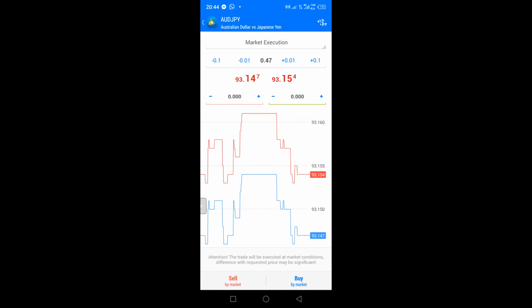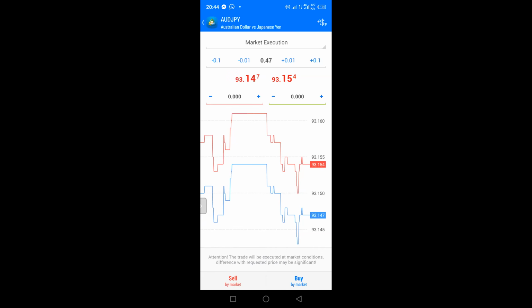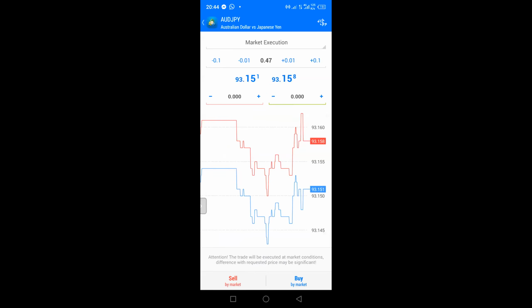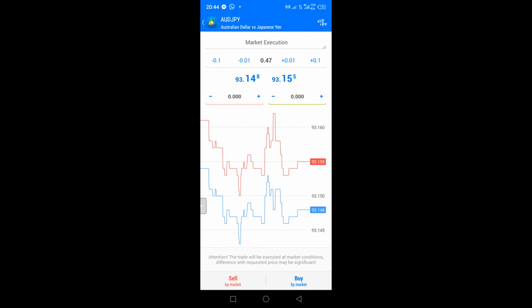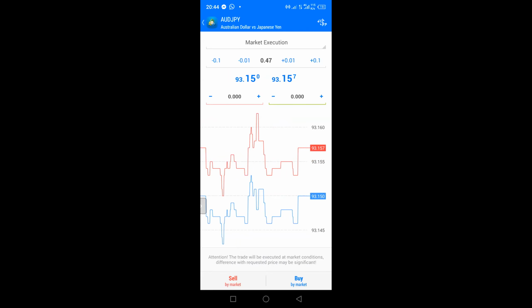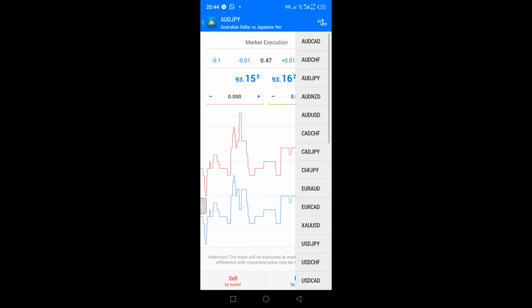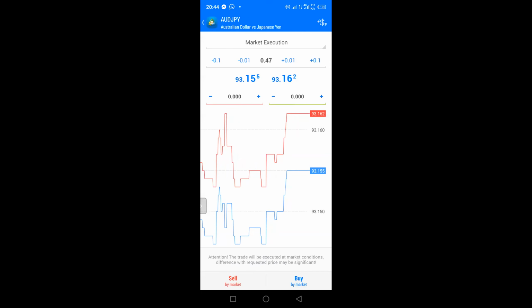For newbies, I can tell you free of charge some of the mistakes you can do. Once you've taken a trade and you want to take another trade, you might forget to change your currency pair, right? It does happen. So just come here and you can change your currency pair.